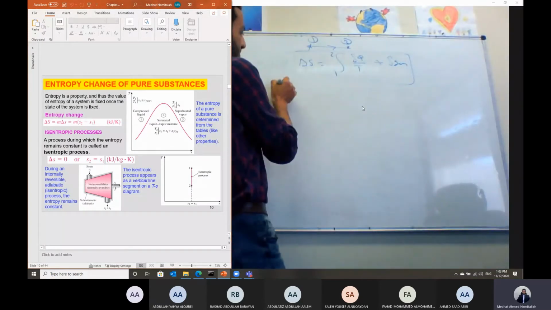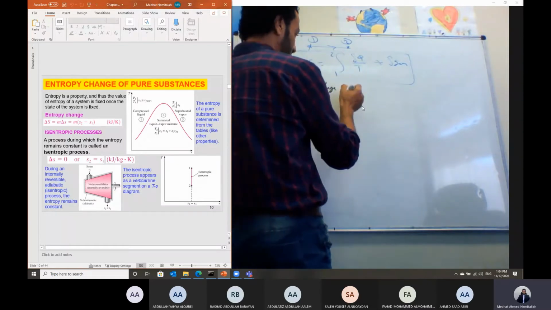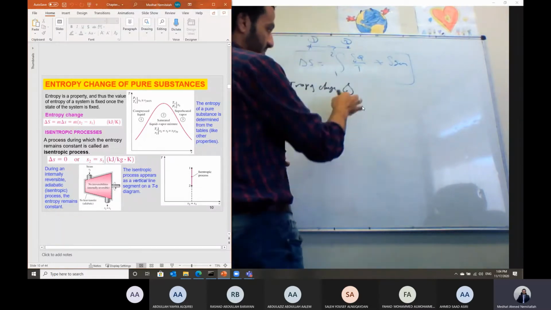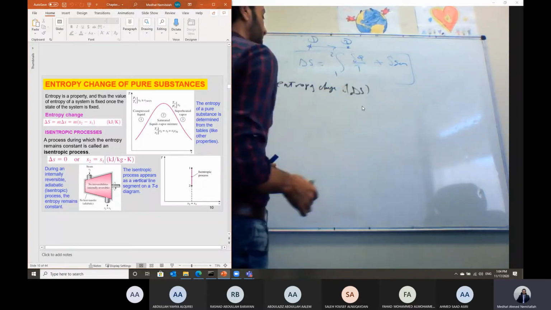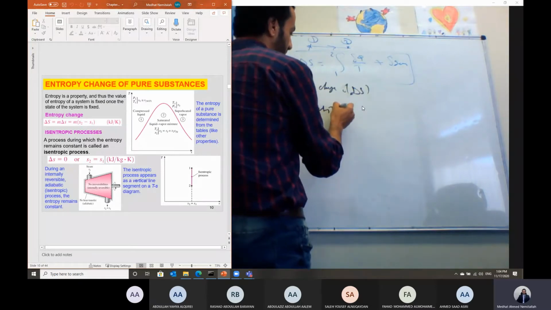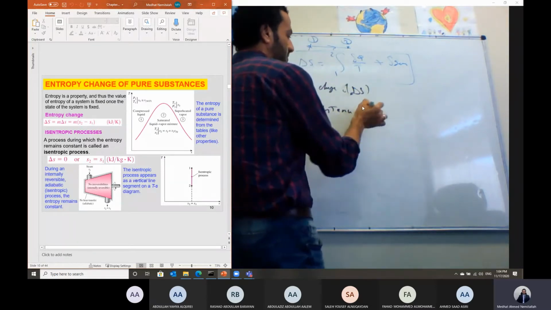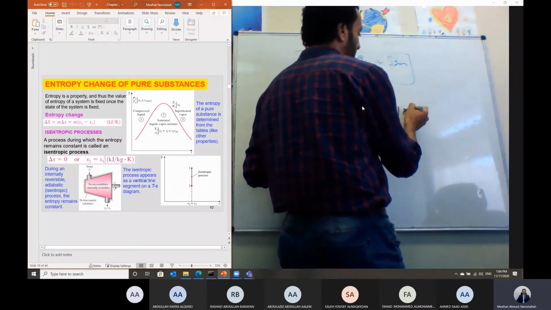So let's start with how to calculate the entropy change of any substance, delta S, in case we have a pure substance. What does it mean, pure substance, Shabab? Like when we have steam or refrigerant.